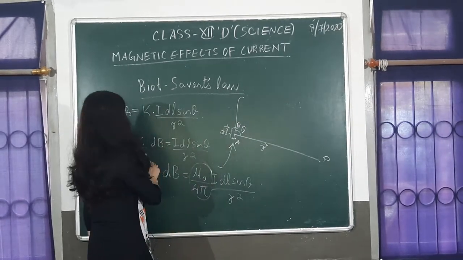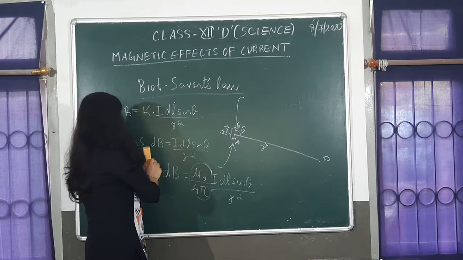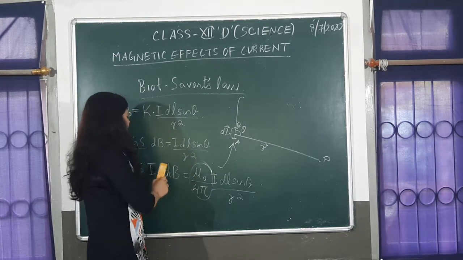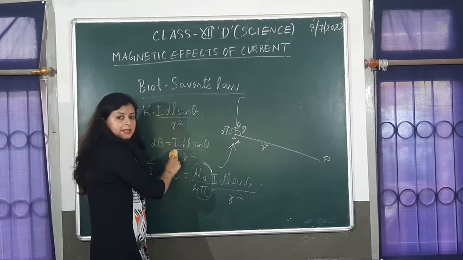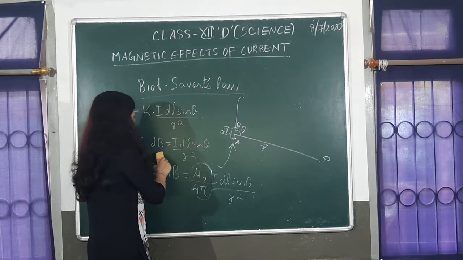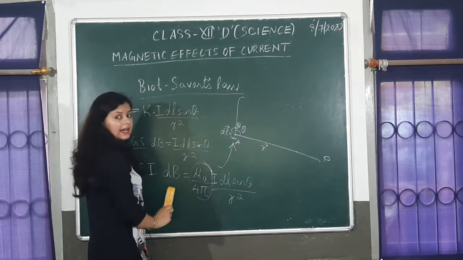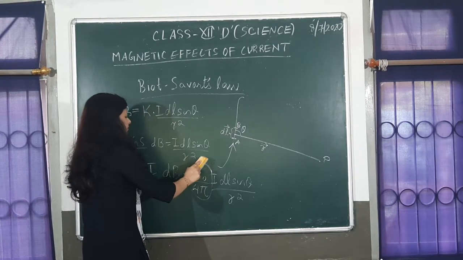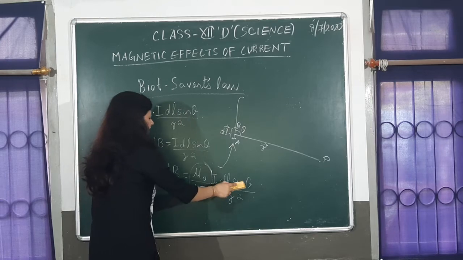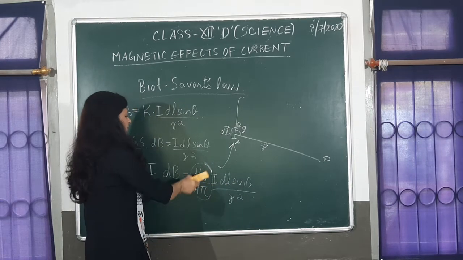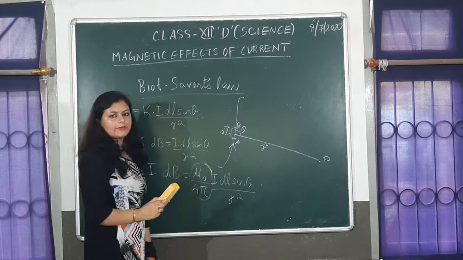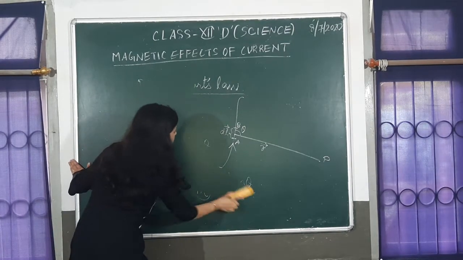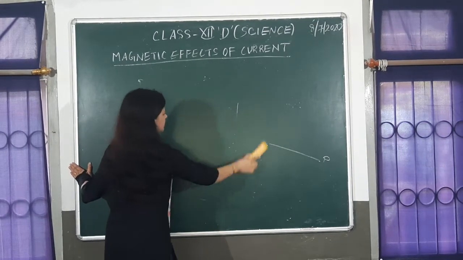In CGS, this will be helpful when you solve numericals. If all the details are given in CGS, you need not worry, k is equal to 1, and you simply write I dl sin theta by r square. And in SI, dB is mu naught by 4 pi I dl sin theta by r square. You have to now get used to this mu naught by 4 pi. I hope it is clear.